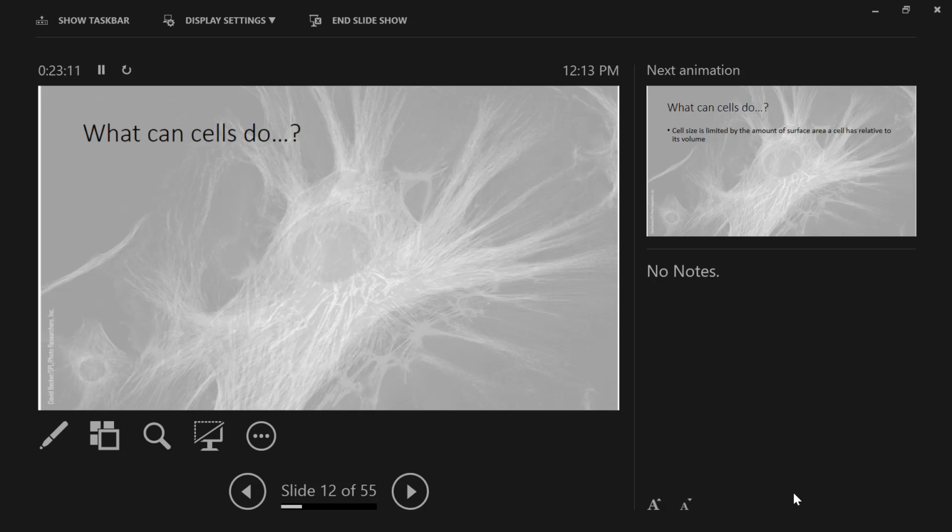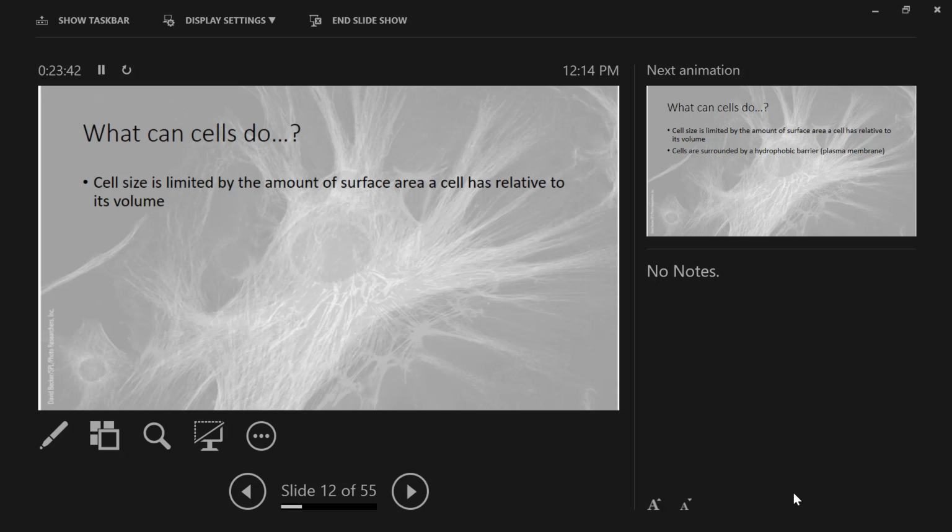What can cells do to maintain their barrier and to maintain really good quality transport within and outside of the cell? First thing you need to know, and this is something you cannot ever forget with regards to cells: cell size is limited by the amount of surface area it has relative to its volume.